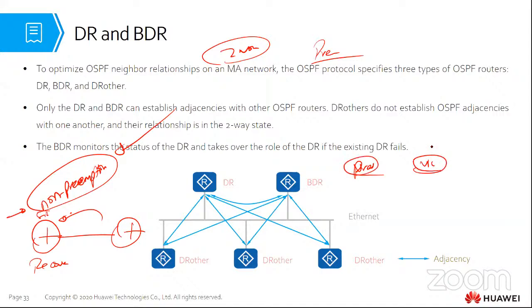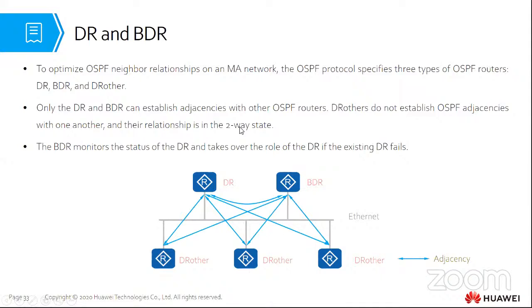You felt very sick, and because I need to help you, I temporarily became the president. It is true you have recovered, but for now I'm the president. So you be the vice, or if you want, be a normal citizen of the country. I'm the president. That is non-preemption. So OSPF works in non-preemption.